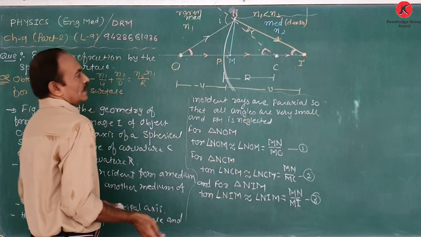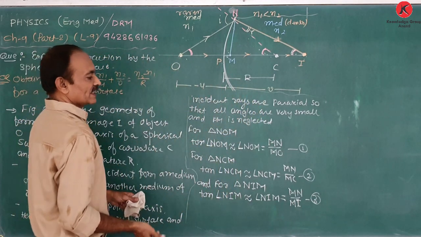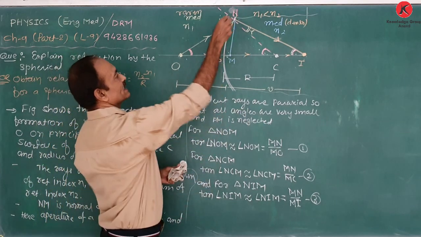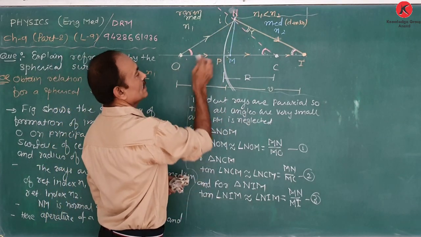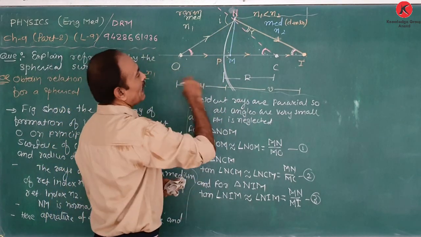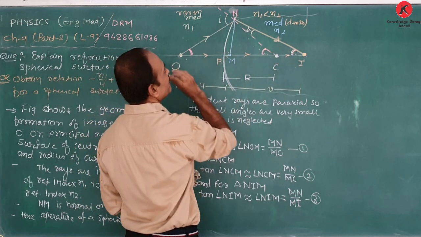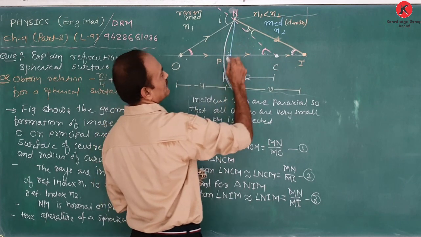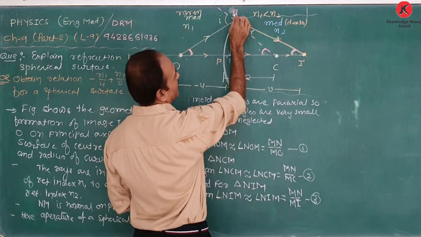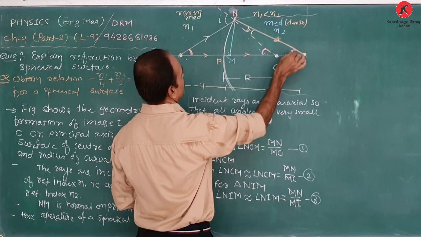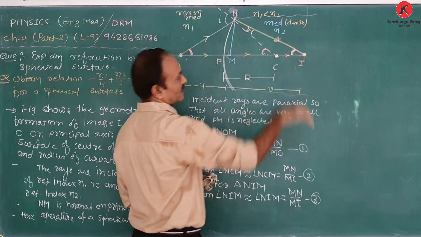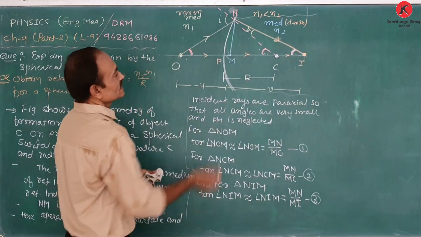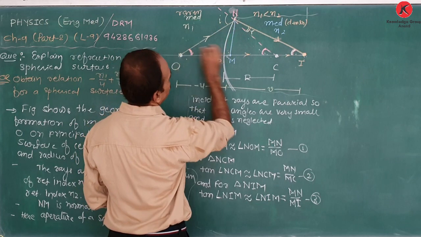Now consider these triangles. By considering triangle NOM, we obtain the value of this angle. After that, from NCM, we obtain the value of this angle. And after this, from triangle NIM, we obtain the value of this angle. After that, consider the triangle NOC.